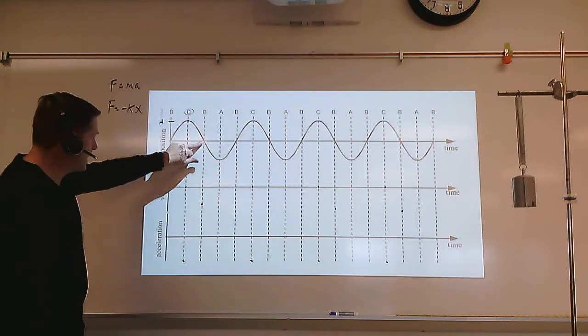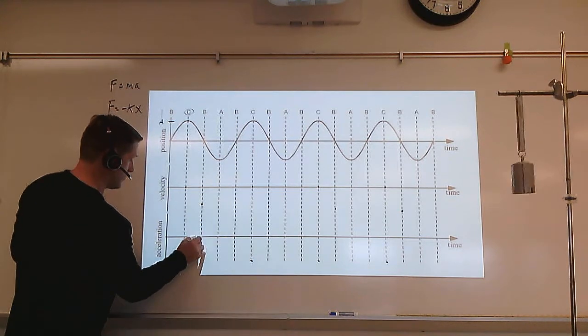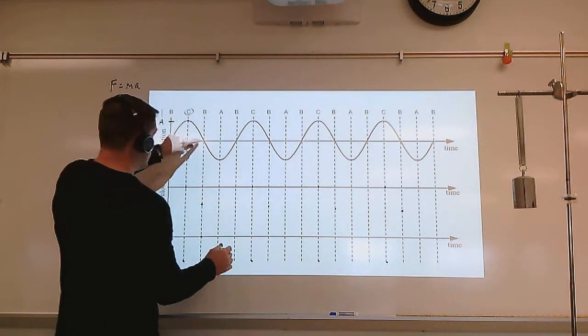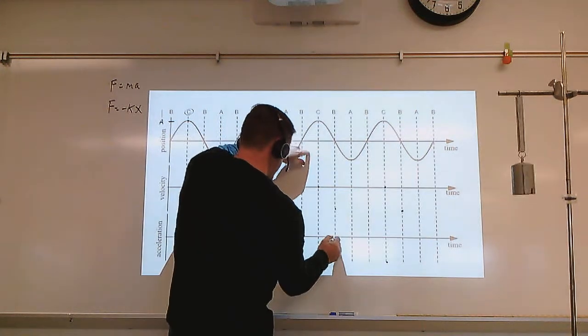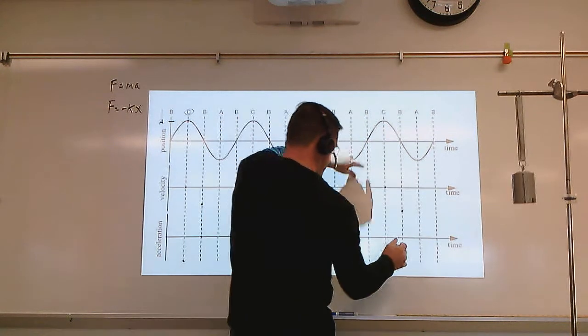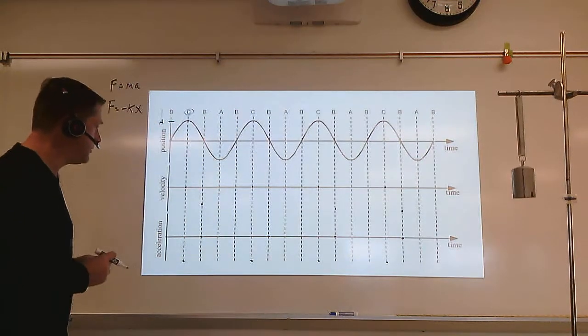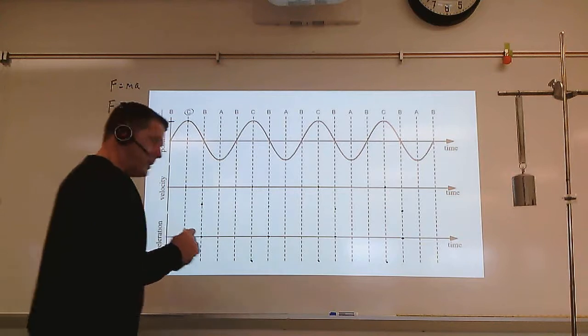So every time we see this spot here at B, our acceleration graph is going to be equal to 0. So every time after this C, we have an acceleration equal to 0. Now you begin to see what's happening here. There are patterns.